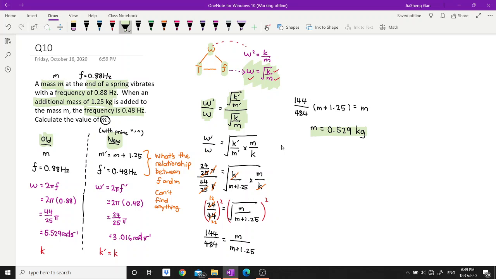Of course, every question is a little bit different, but the general idea is you have to list down everything for the old situation, list down everything for the new situation, find the correct formula, then compare it. That's the general idea of how to do a comparison question. Okay, so that's all for question 10. Thank you very much.